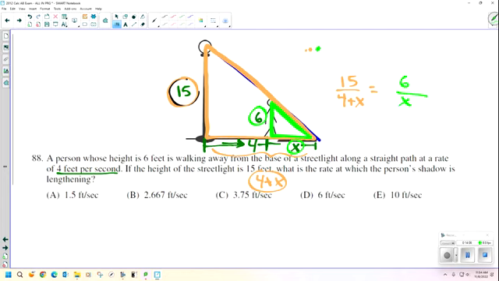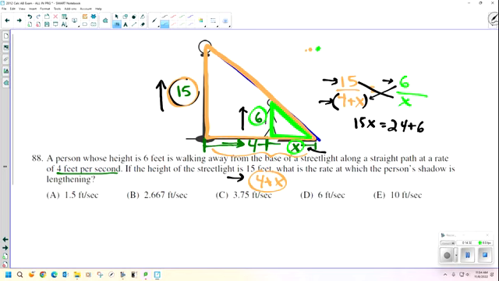Now keep in mind, if this is the upright side and I put that in the numerator here, then this upright has to be in the numerator here. This base is in the denominator, so this base needs to be in the denominator. So let's just cross multiply and solve, and it's really that easy. 15x equals, I'll distribute the 6, 24 plus 6x, subtract 6x from both sides. 9x equals 24, divide by 9.